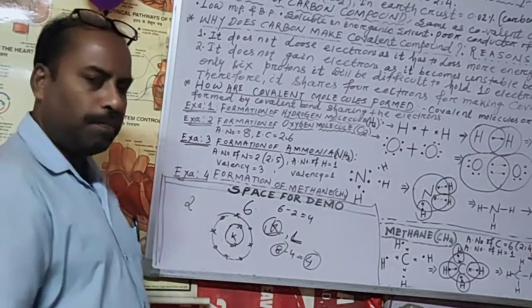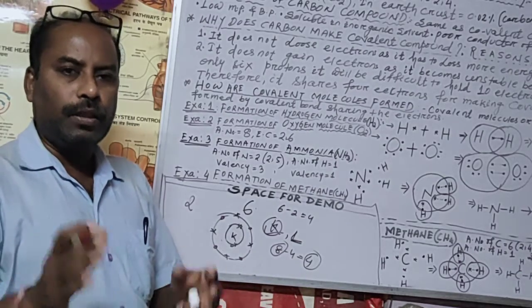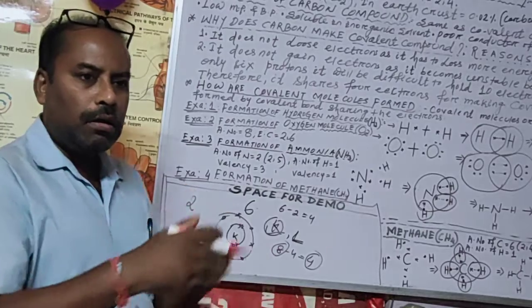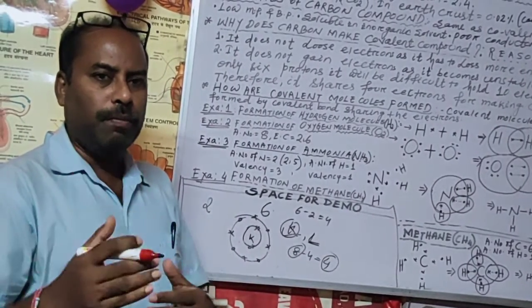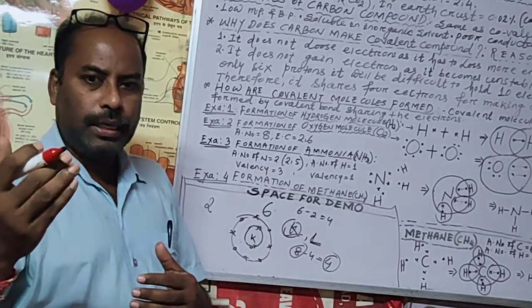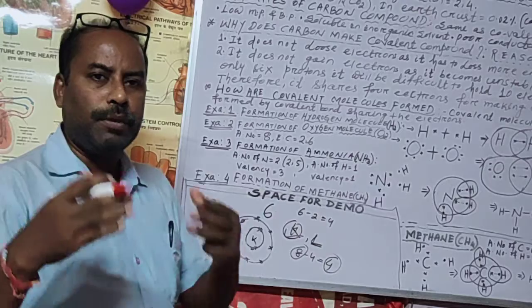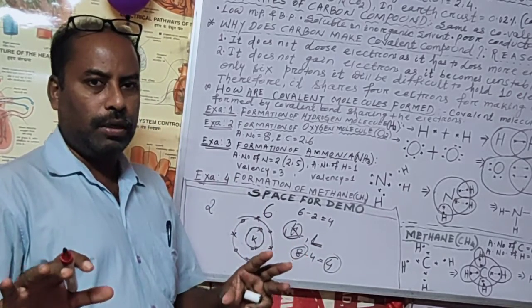But the surprising thing is that carbon neither takes the electron nor gives the electron. So it cannot go for an ionic compound, because an ionic compound is formed by donating or receiving electrons. Carbon does not leave or receive the electron, so it cannot form an ionic compound.